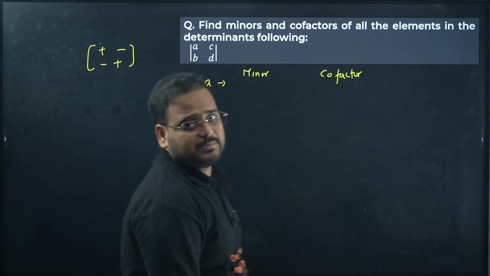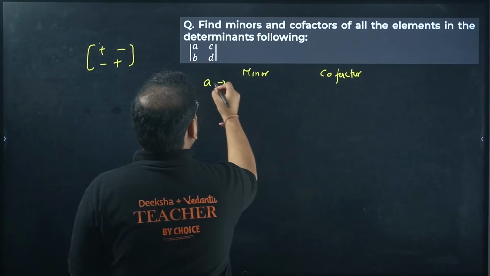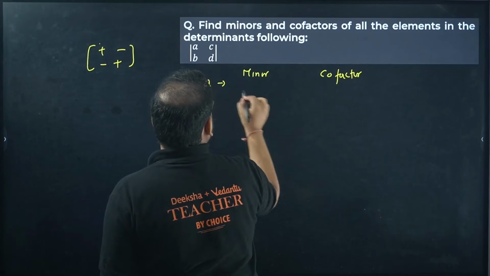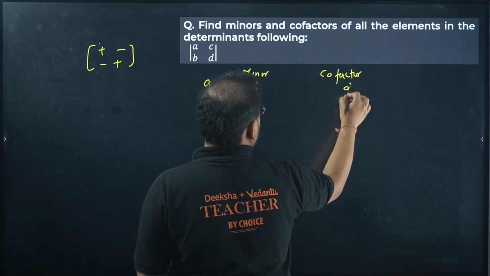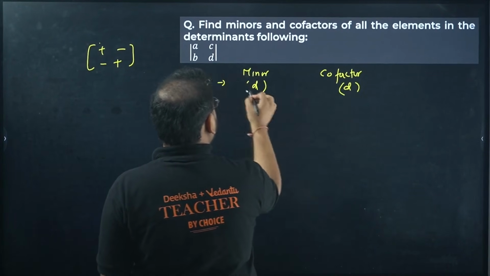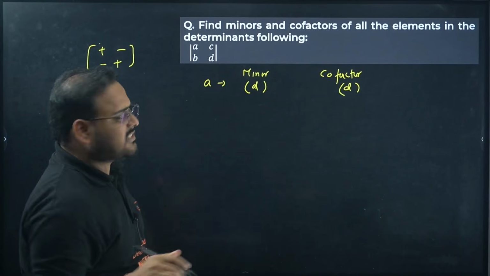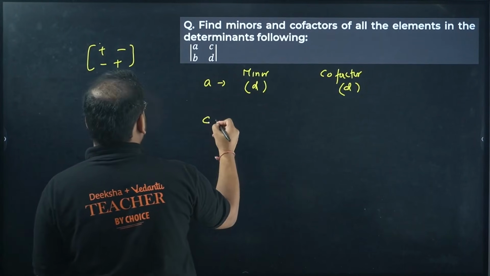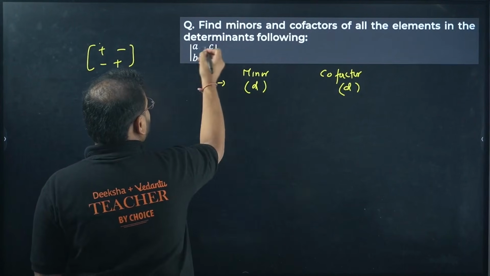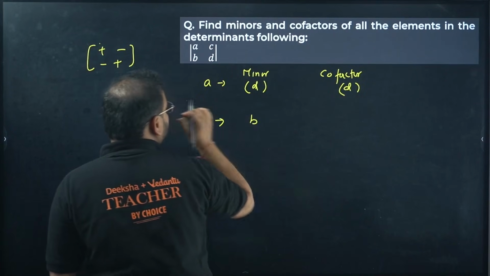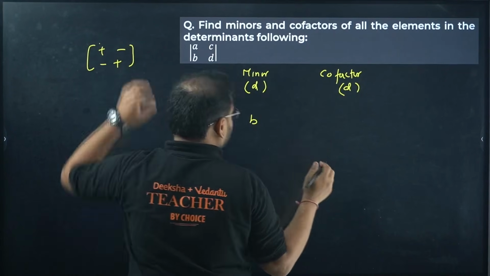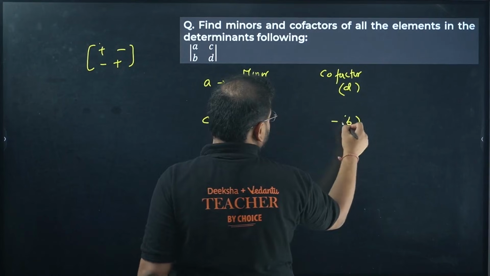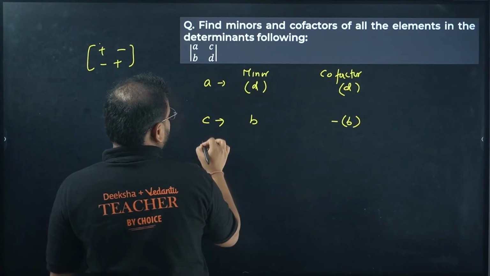So plus minus and minus plus. What is the minor of the first element? You're going to remove this row and column. You have D. Cofactor also will be D. How come, sir? Because there the position is positive. Next, C. C's minor will be B, and the cofactor will be in a negative position, so minus B.